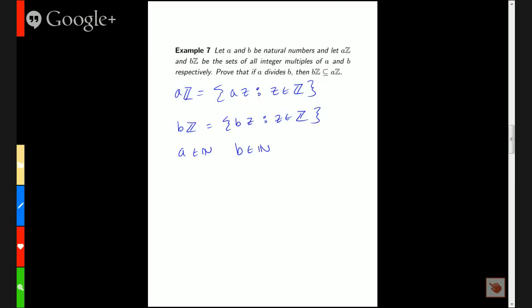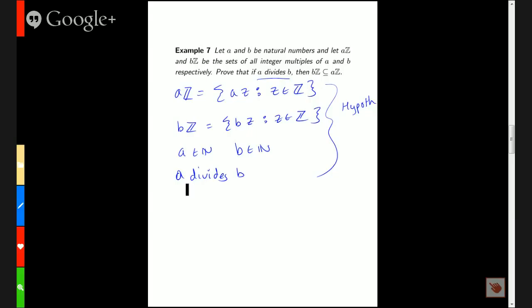And then what else do we know? We're going to say a divides b. That's all our hypothesis. We have a lot of hypotheses for this one.